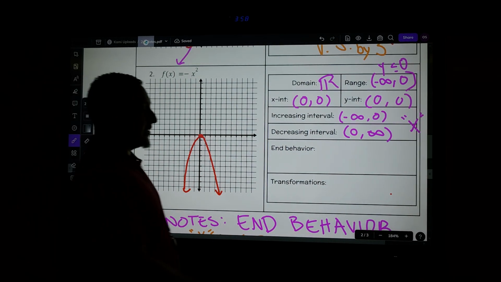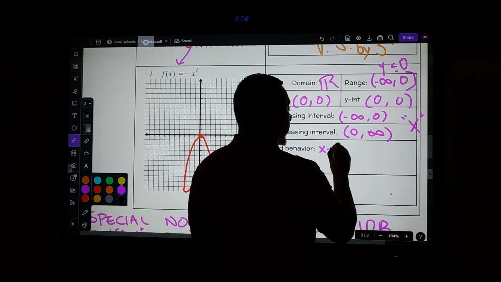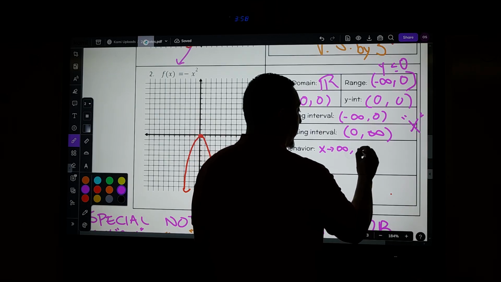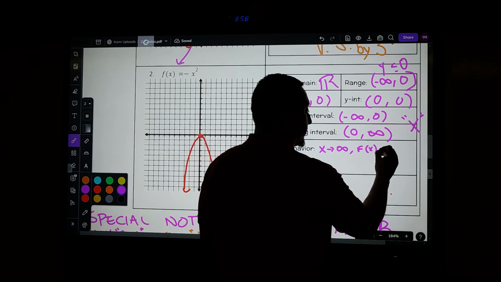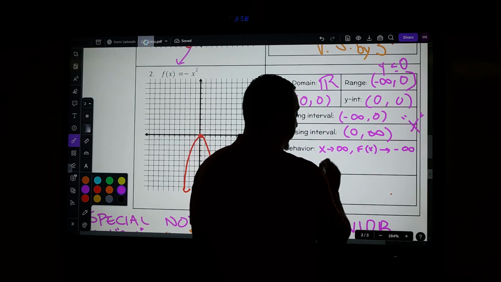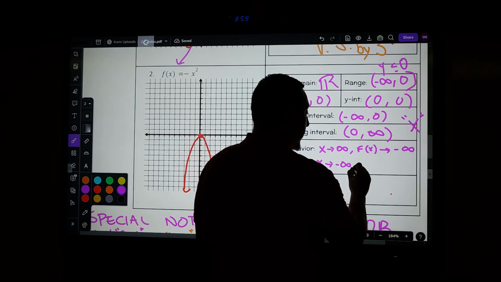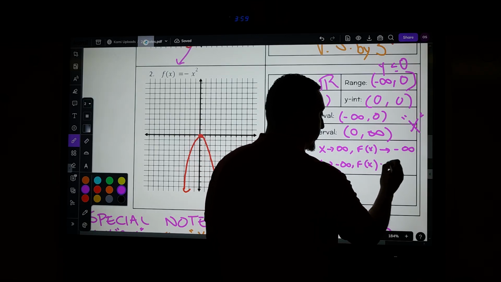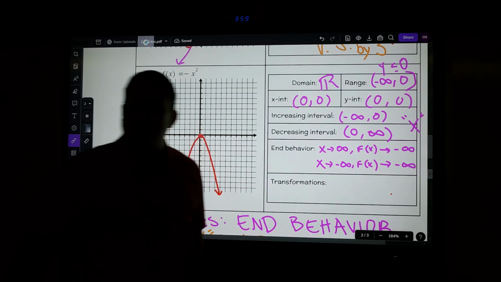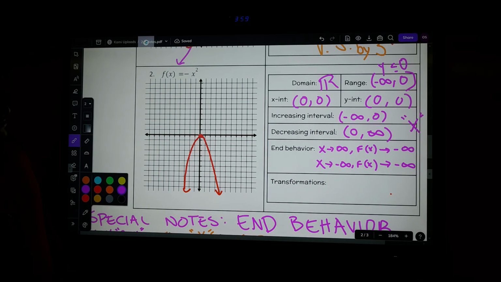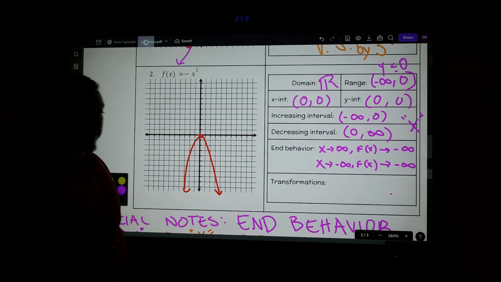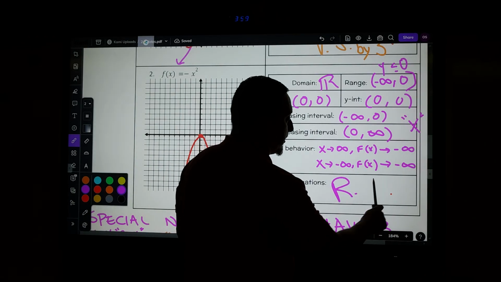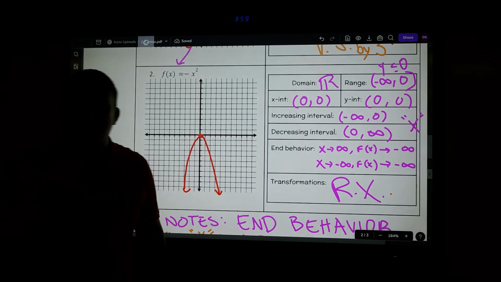End behavior, that's the new one. The right arm is pointing down. The left arm is pointing down. They're both pointing down. Okay. What is this transformation called? Reflection. Excellent. Reflection over the x.